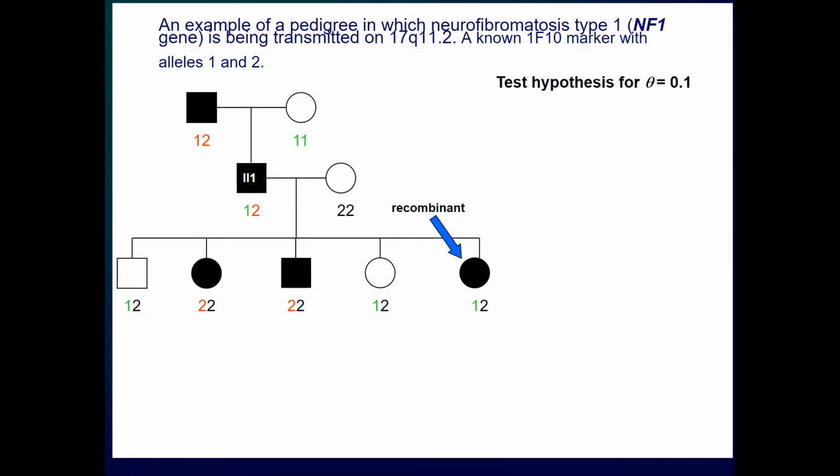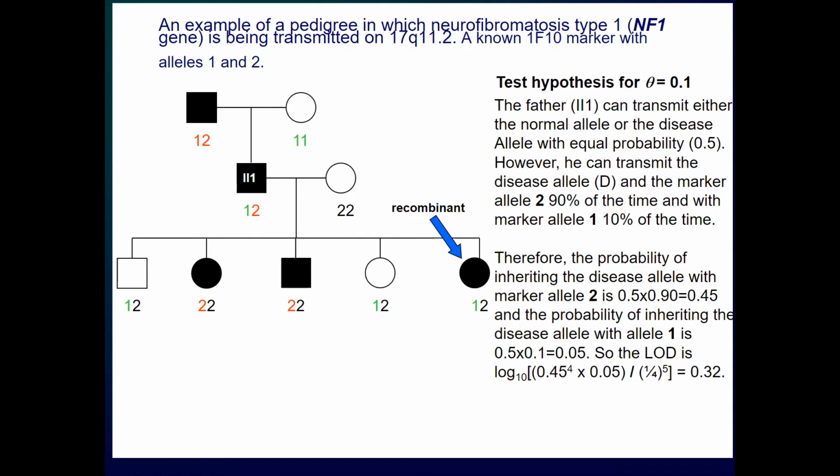But let's test the hypothesis that theta equals 0.1. Again, 0.2 as theta is specific to this family. In another family, it will be different. So we want to establish what is the most likely theta between IF10 and the gene NF1.